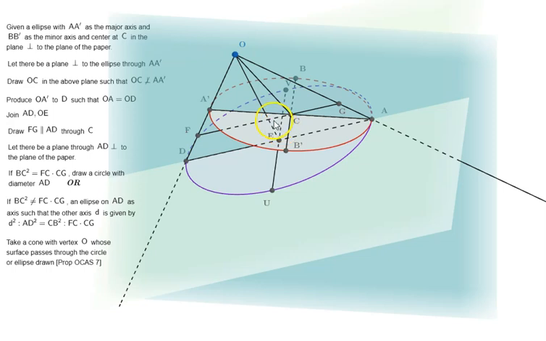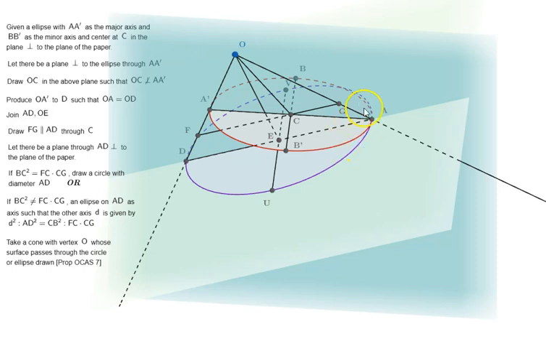So here what we have done is, we were given an ellipse with OC not perpendicular to the major axis, but at an angle. We have converted it in such a way that we have an ellipse on which we have OE as a perpendicular, which satisfies the requirement to arrive at a cone as per our previous proposition.